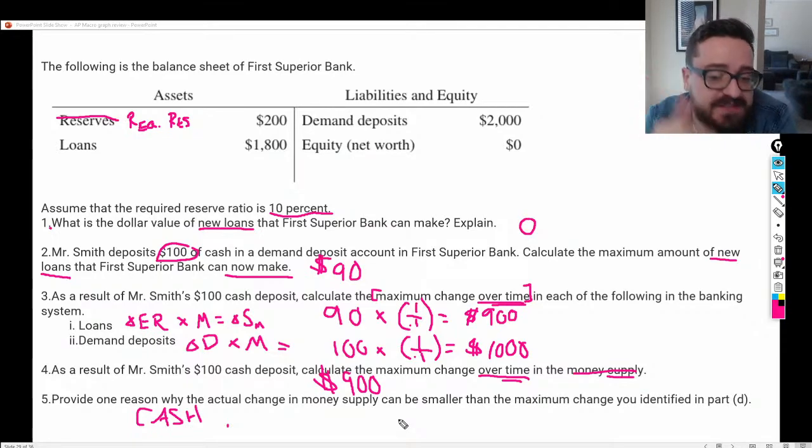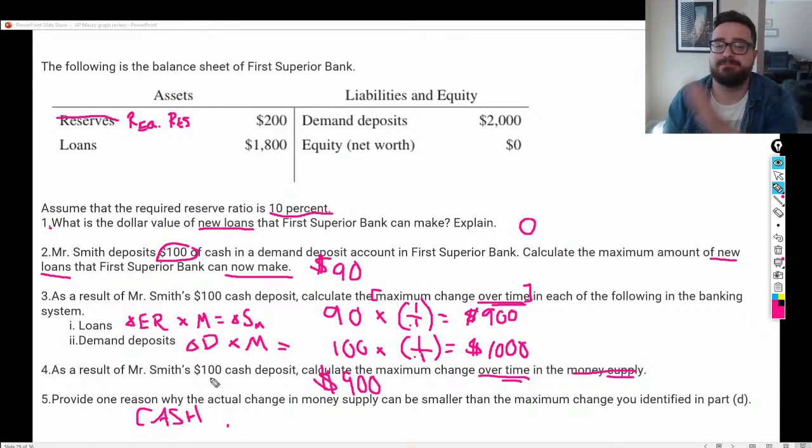So whenever we're doing this multiplier process, if I don't deposit all of it into the bank, if I hold on to any of it in the form of cash, then this multiplier effect won't be as big, because the conceit of it is money gets deposited in the bank and lent out, deposited, lent out. No one is forcing me to deposit it there. So if I held it in cash, the multiplier is not really happening.